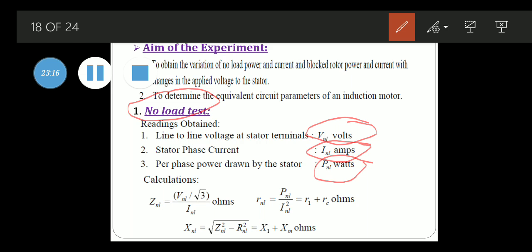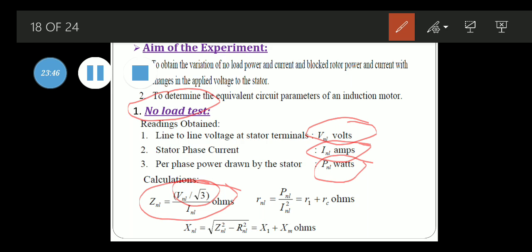Then how can the calculation be considered here? The no load impedance ZNL can be calculated as the ratio of the no load voltage to the no load current. Here I suppose to consider the phase value, because this is star connected, so you suppose to consider the phase value of the voltage as well as the phase value of the current.